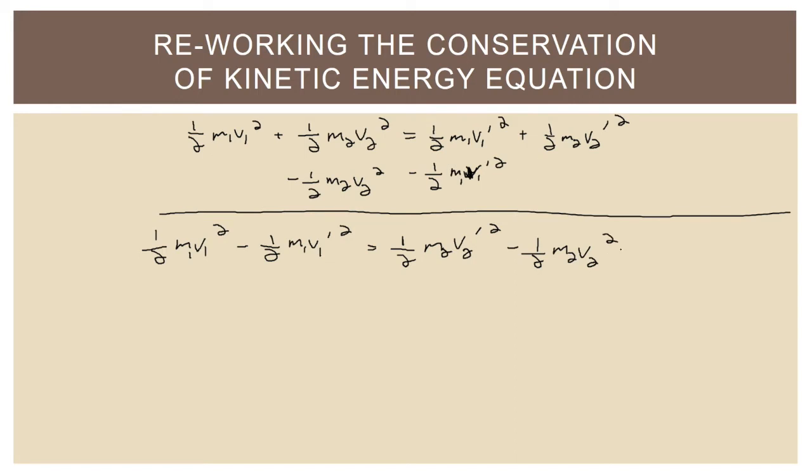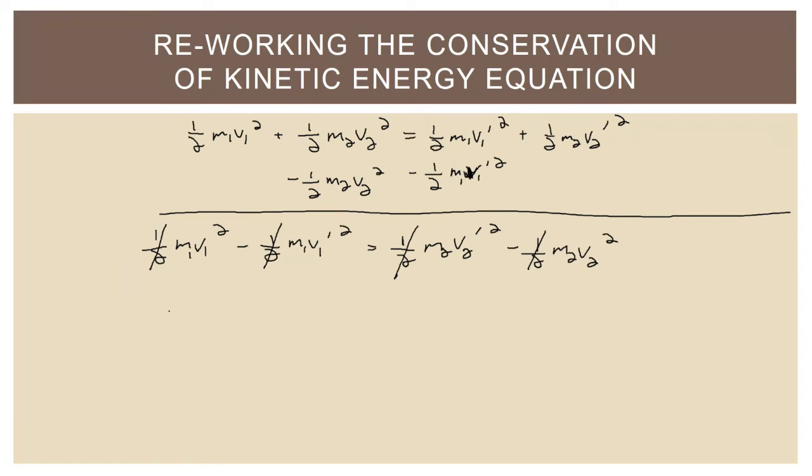I want you to think for a second, why am I gathering 1s and 2s? Well, it's pretty clear, I think. We're gathering 1s and 2s because now, notice, both terms on this side of the equation have an m1, and both terms on this side of the equation have an m2. And before I even factor anything out, it's important to realize that every term in this equation has a 1 half. So let's just get rid of that right away too. The half cancels because it's in every term.